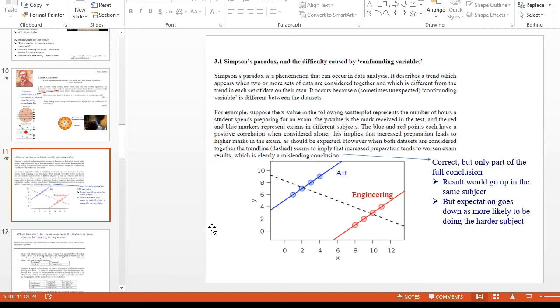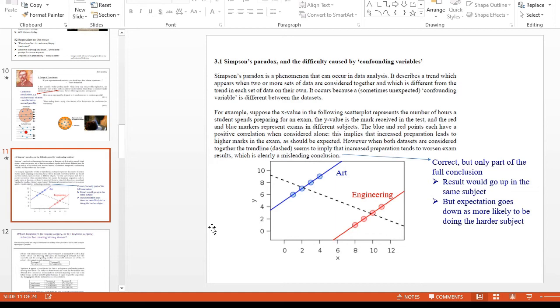The blue blobs correspond to art students, who spend between 1 and 4 hours preparing for the test, and they get between 6 and 10 marks for the test, increasing with the number of hours they spent preparing. And you've got in red dots the engineering students. They spend between 8 and 11 hours preparing for the test, and they receive between 1 and 4 out of 10, increasing with the number of hours they spent preparing for the test.